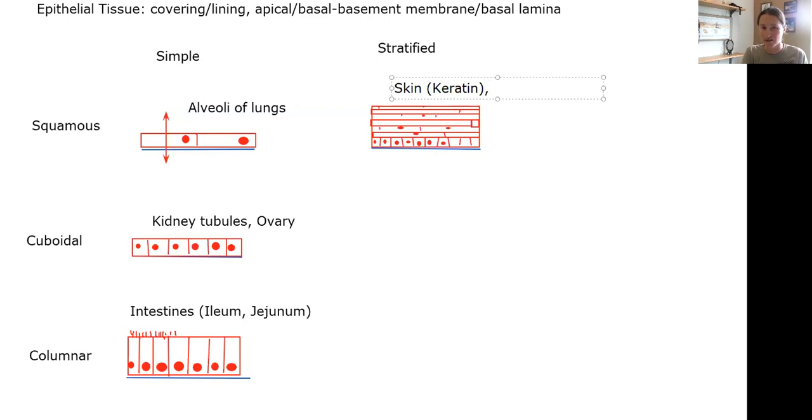But not all stratified squamous epithelial tissue is keratinized. Pretty much any structure that's exposed to the outside world is going to have this particular type of tissue. But some of those structures are constantly moistened with saliva or mucus, and so they don't actually need that protective protein called keratin. So what I'm talking about is, for example, in your oral cavity and down your esophagus, you know, you take a bite of potato chips, right?